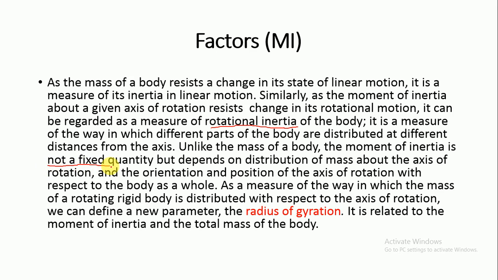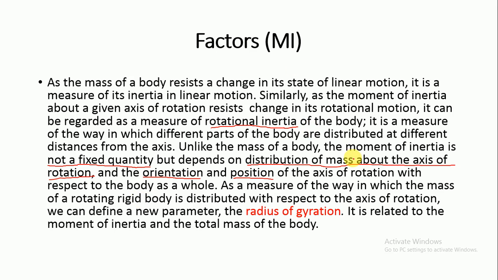Very important thing: moment of inertia is not a fixed quantity, but it depends upon the distribution of mass about the axis of rotation, and the orientation and position of the axis of rotation with respect to the body as a whole. So three things we have discussed here on which the moment of inertia will depend.